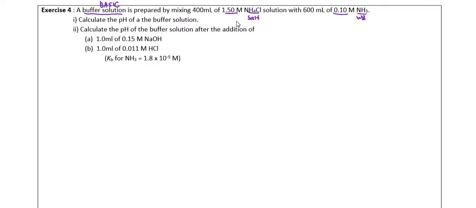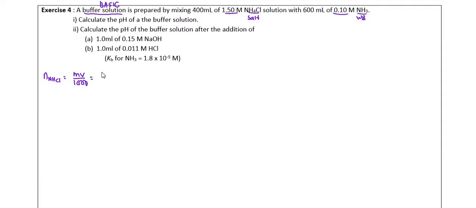That's why you will produce a new molarity for the salt and weak base. Thus, you have to find the new molarity with the new total volume. How? Okay, first step, you have to find the mole of the salt first. Mole NH4Cl, you must use MV over 1000.